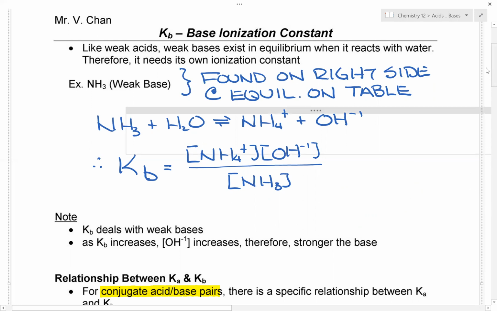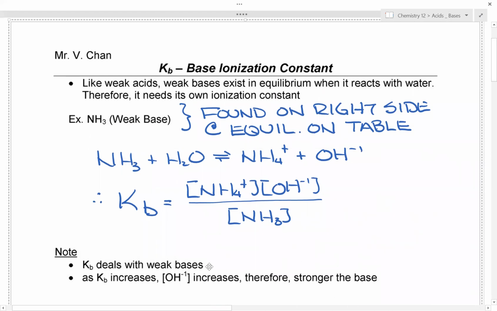Now, Kb deals with weak bases. And just like Ka, as the Kb increases, the concentration of OH- increases, therefore the stronger the base. So just like Ka, where the larger Ka means more dissociation and the stronger the acid, with Kb, again, the larger the Kb, the more dissociation, the stronger the base.